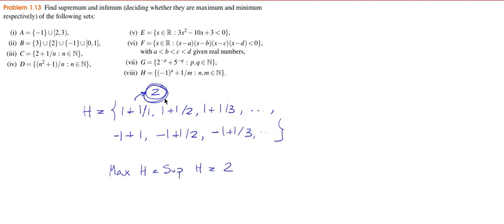So sorry, this goes from 2, and then as you keep increasing, the limit of this will be 1, as n goes to infinity. And here you start at 0, and as you keep increasing, you end up at -1. But -1 is not an element of H. Okay, so in this case, -1 is the infimum of H, but it's not the minimum.